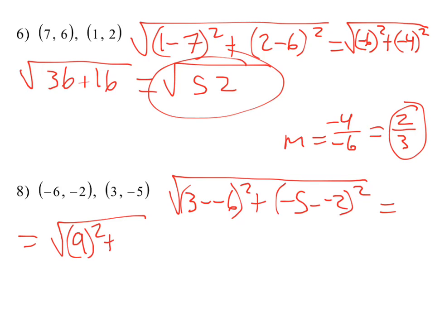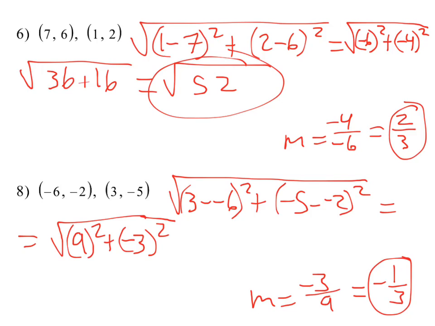Let me square that. And then negative 5 minus negative 2, same thing as negative 5 plus 2, which is negative 3. And the negative 3 is the rise part, the run's 9. And when you simplify that down, you're going to divide top and bottom by 3. You'll get 1/3 negative, because negative divided by positive is negative.